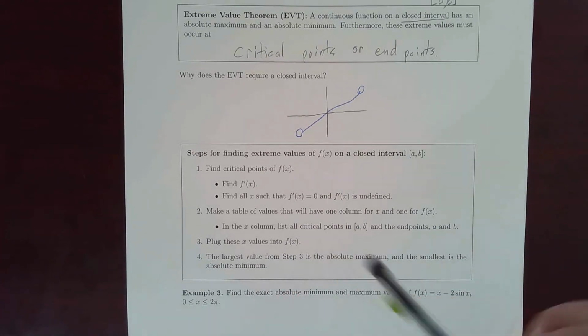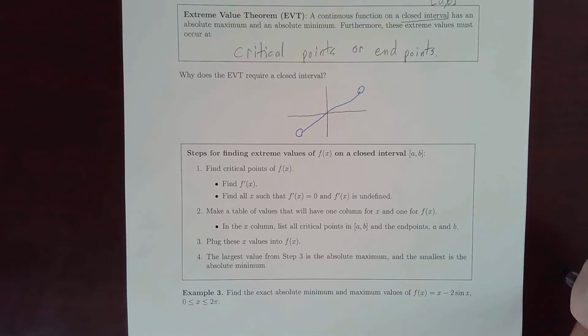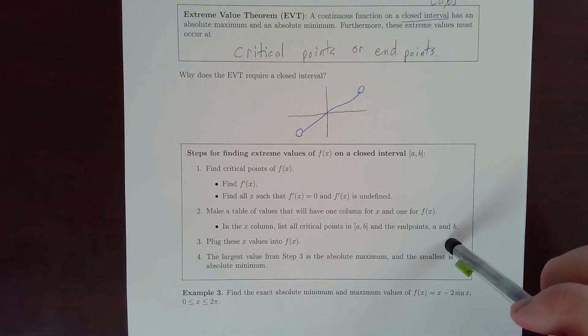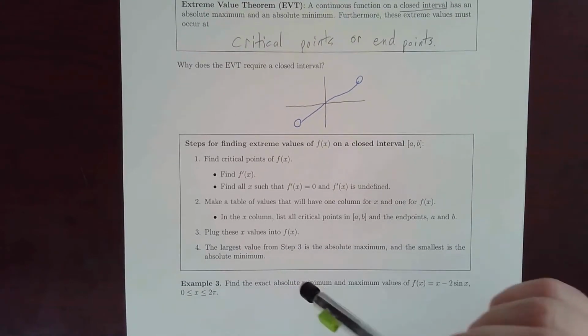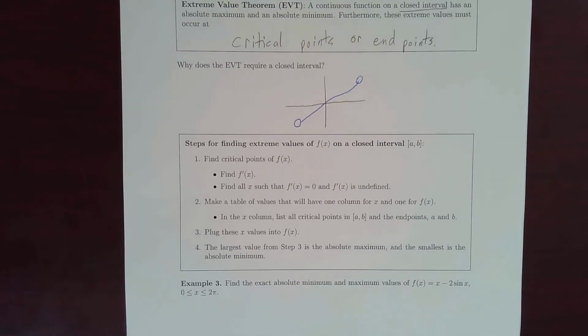From here, we make a table of values with a column for x and a column for the function f of x. In the x column, we list our critical points and our endpoints. Then we plug all these values into the function. Whichever gives us our largest value is the absolute max, and whatever gives us our smallest value is the absolute min.